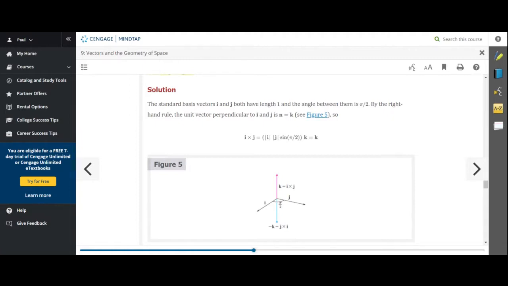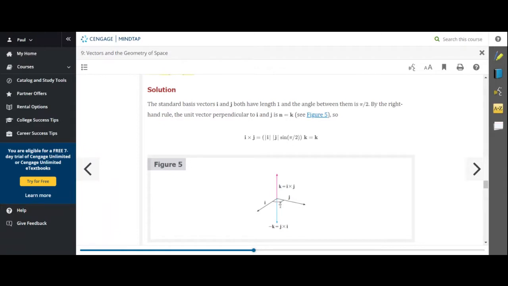Thank you. So in figure 5, you see I'm taking my hand and curling it from the I vector to the J vector. My thumb has to point upward. So the cross product of I and J, I cross J, is equal to the K vector. You see how I'm doing that? This is exactly how I would do it in class.